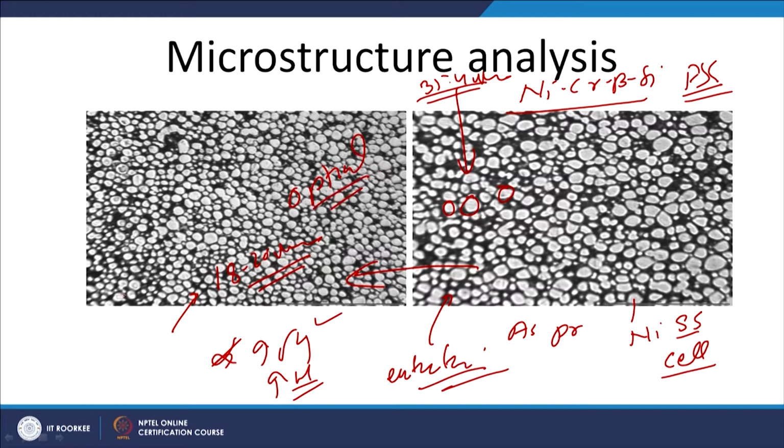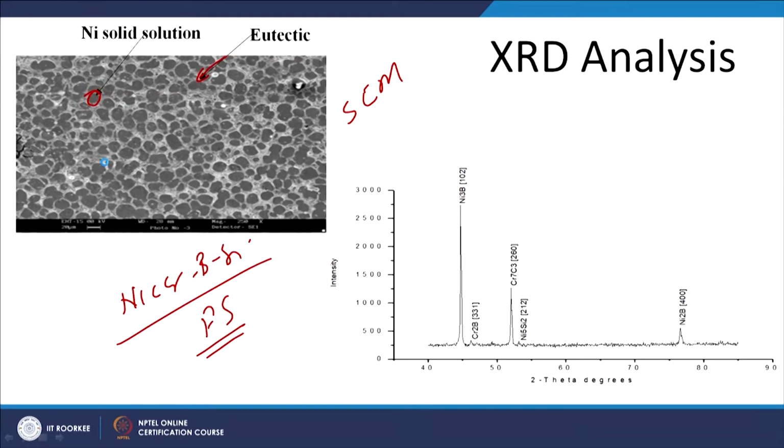The nickel solid solution cells are white and the eutectic matrix is dark in the optical micrograph. On the other hand, just the reverse, when the SAM is taken of the same component, the eutectic mixture looks white and the nickel solid solution cells look dark. So the reverse shades are achieved when optical microscopy and SAM are used for the analysis.